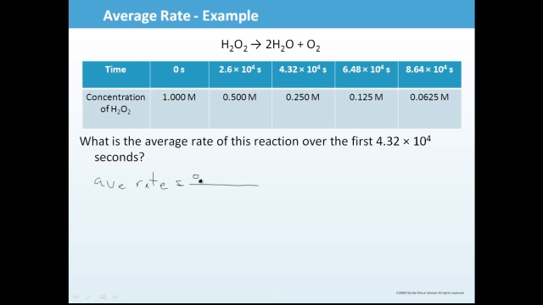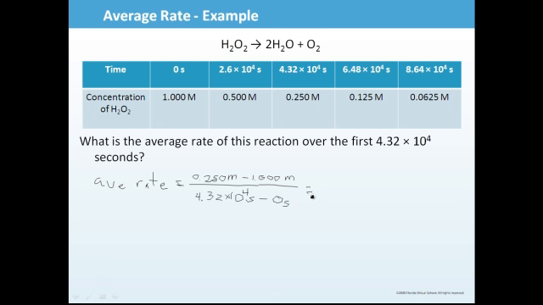So the final concentration at that time is the 0.250 molar. The initial concentration was 1.000. For the time, we got 4.32 times 10 to the 4th seconds minus 0 seconds.